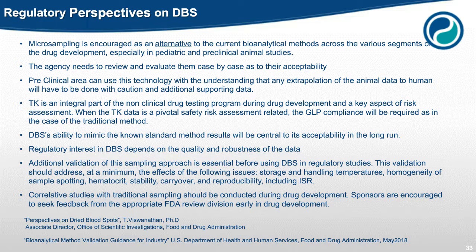The first one basically listed all the parameters that need to be assessed during the full validation. It actually also included the repeatability, which is the ISR. And they also recommend correlative studies with traditional sampling should be conducted during drug development, which is exactly what we have done in that bridging test.